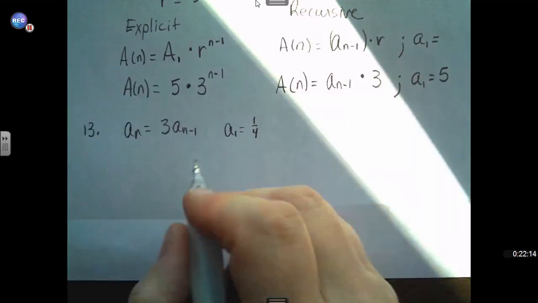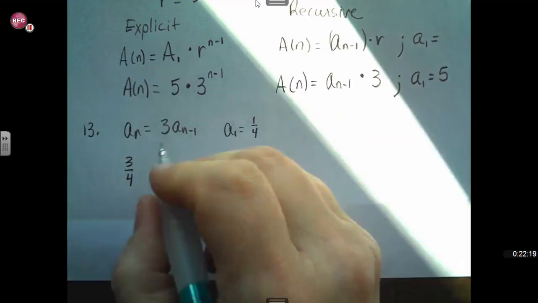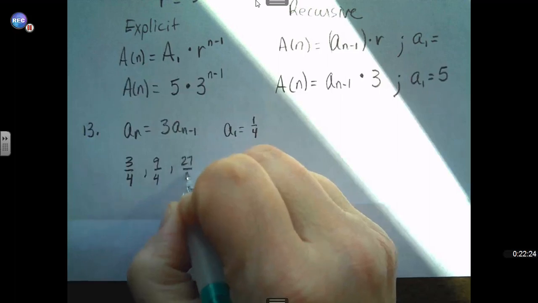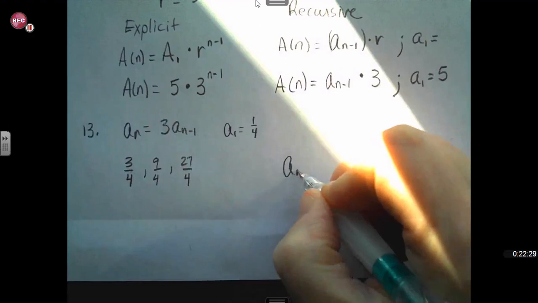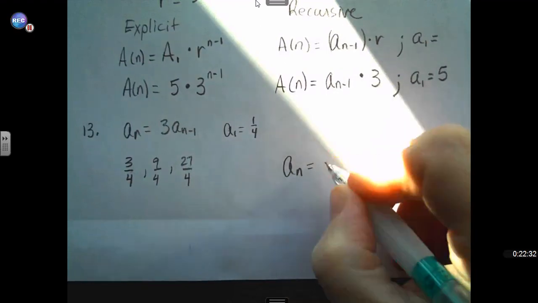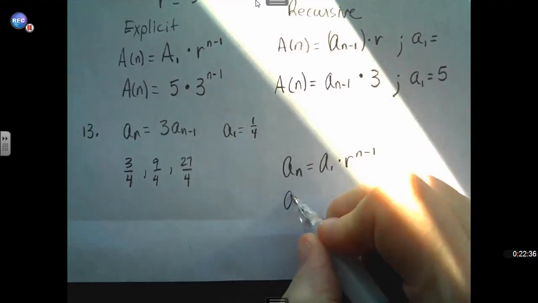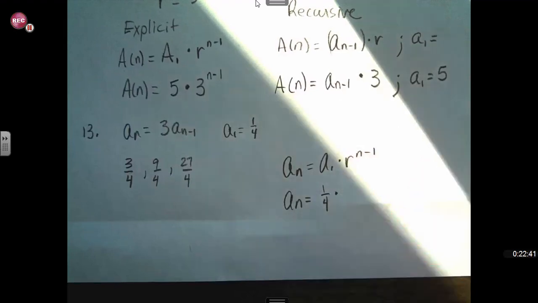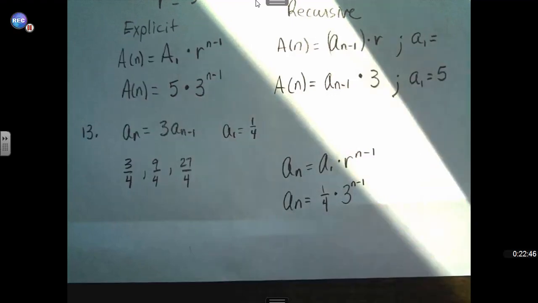So that means the first term is 1/4, the next term would be 3/4, the next term 9/4, the next term 27/4. They want the explicit formula, so A sub 1 times r to the n minus 1. A sub 1 is 1/4 times r, and r is 3 to the n minus 1. And that would be the explicit formula.